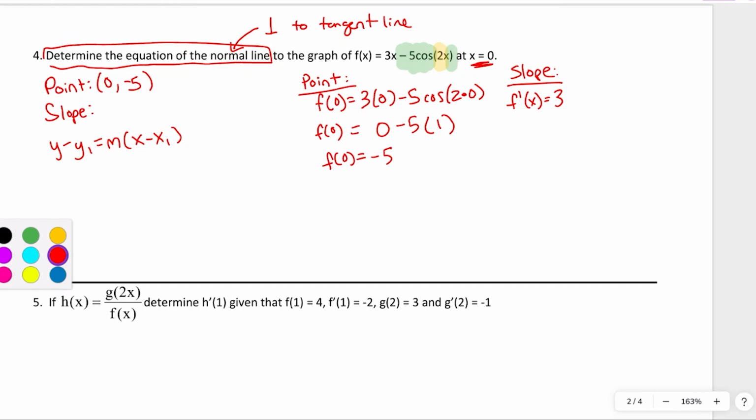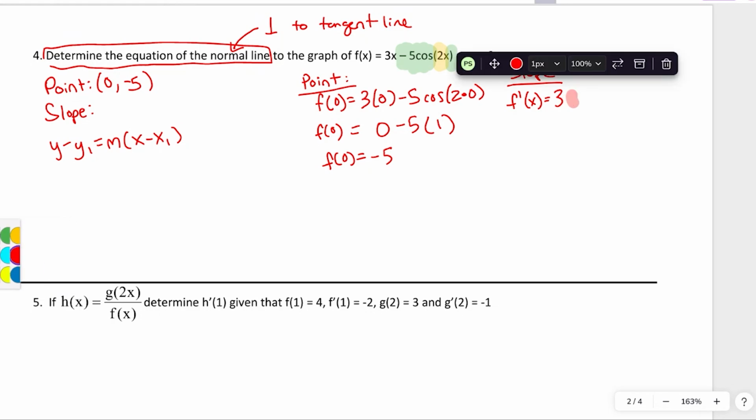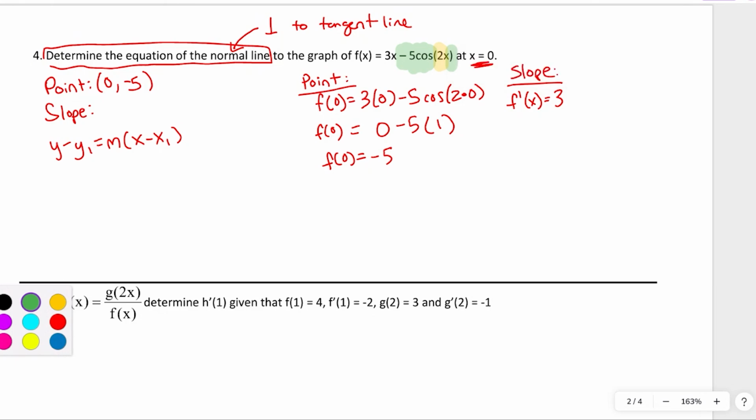So the derivative of the opposite of 5 times cosine will be positive 5 times sine. So plus 5 times sine of 2x times the derivative of 2x, which is just 2.